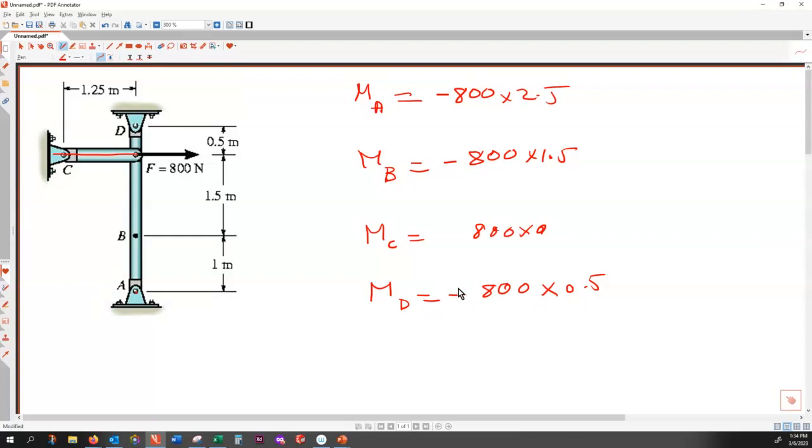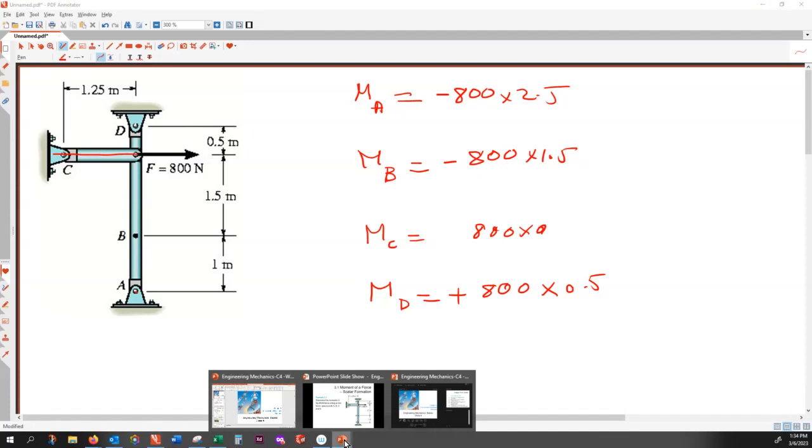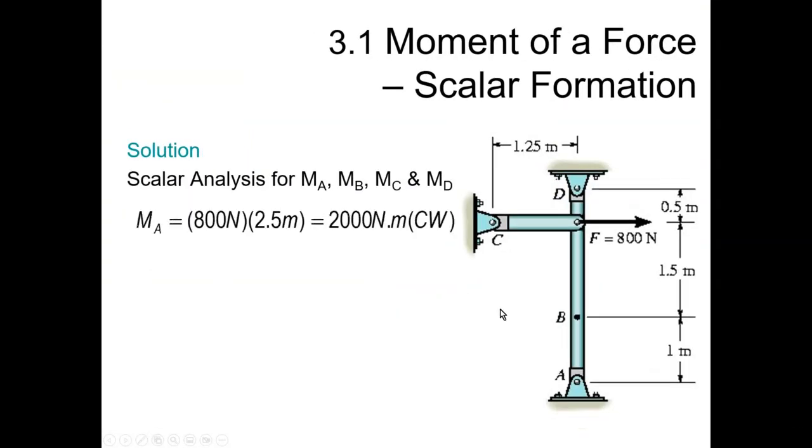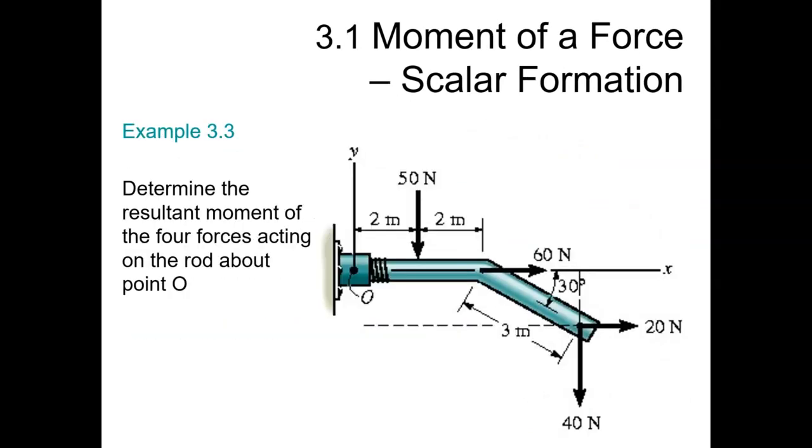Yes, thank you. Well done. That is positive. All right. Everyone happy with this solution? Can we move on? So here you have the detailed solution for that. Next exercise.